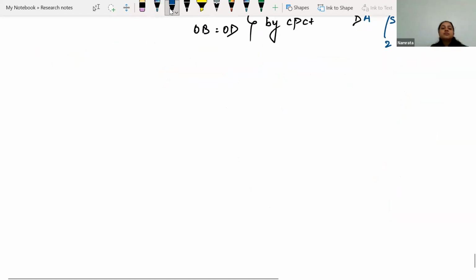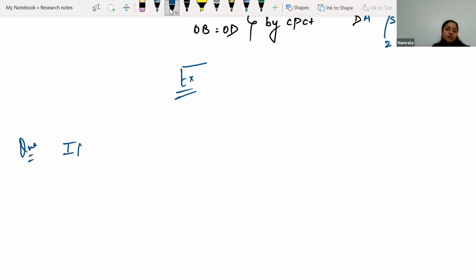Now I'm going to take a few questions from the exercise. Okay, so the first question is: here all are theorems only, and the main thing is all the theorems are related to the congruency concept only. So if you have understood the concept of congruency very well, this chapter will be very simple for you.